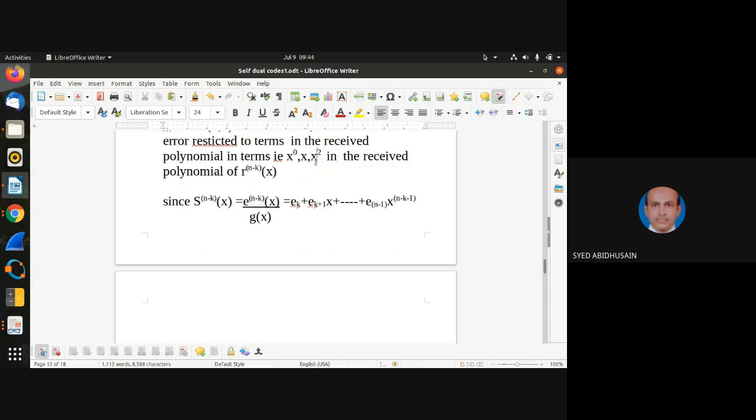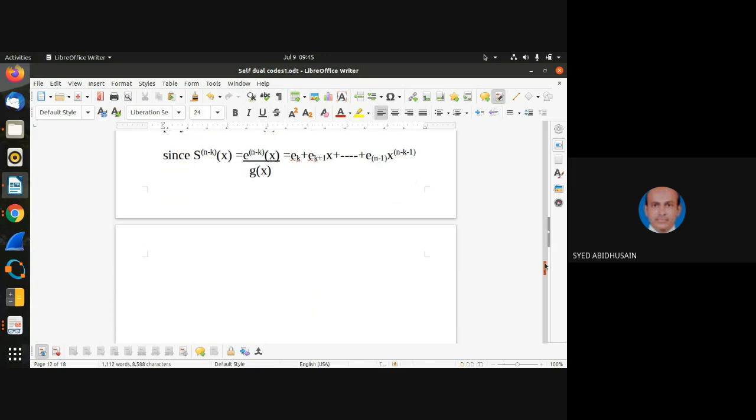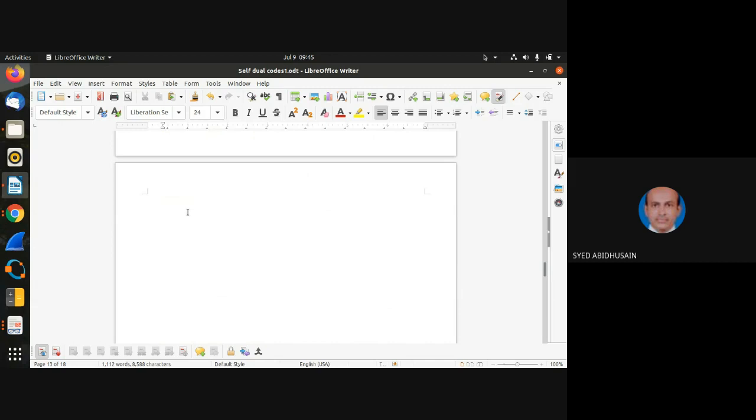In our case it is 1 plus x plus x cube. This knowledge will be there both at the receiver side as well as at the transmitter side. So whatever error pattern is there, if it is divided by the generator polynomial, that means you keep on subtracting, then you'll get a syndrome. What is syndrome actually? Syndrome is nothing but an error indicator. We already discussed this in our previous classes.